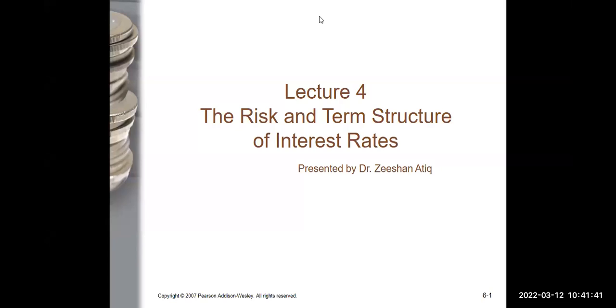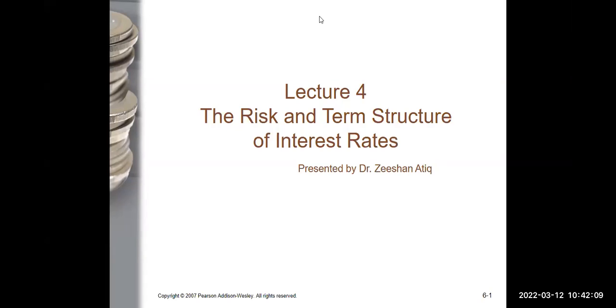So there is a certain quantity of loanable funds which the demanders are willing to demand at certain interest rates and suppliers are willing to supply at certain interest rates. So you can determine the equilibrium interest rate through the interaction of the demand for loanable funds and the supply of loanable funds.